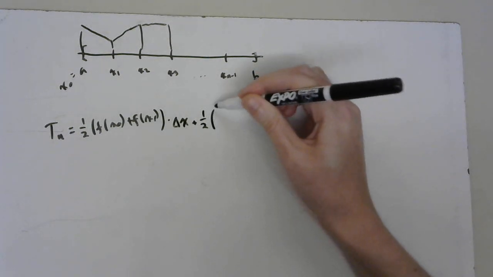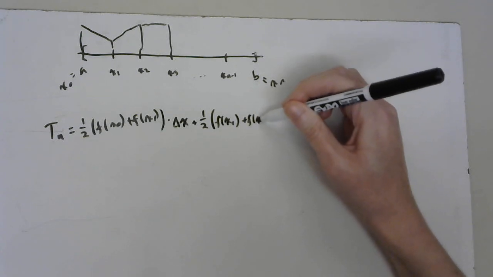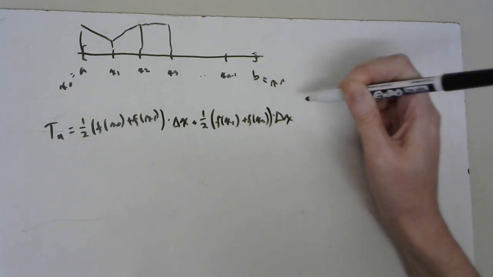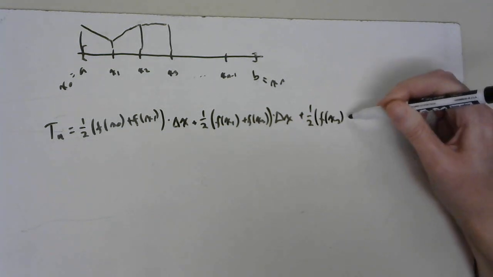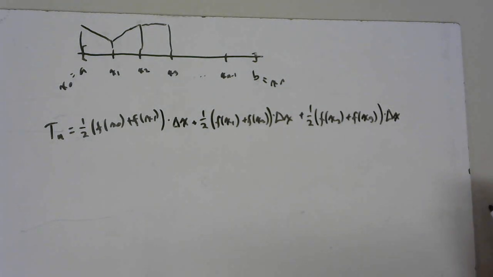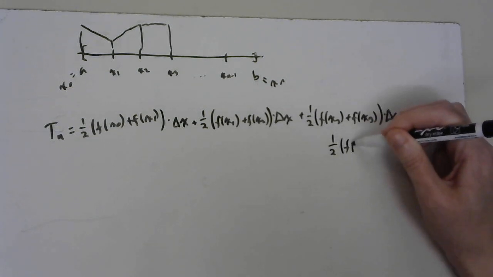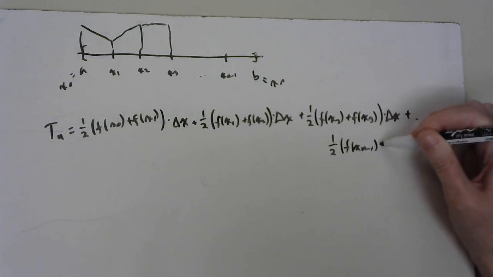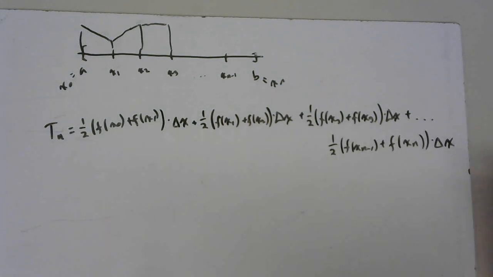Then I've got another term, 1/2 f of x sub 1 plus f of x sub 2 times delta x. 1/2 f of x sub 2 plus f of x sub 3 times delta x. Keep on going. And my last term is going to look like 1/2 of f of x sub n minus 1 plus f of x sub n. Multiply that by delta x, and that's my area, or at least my approximation.